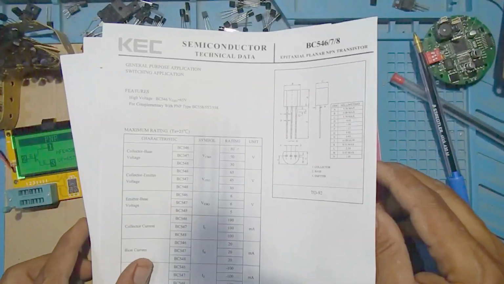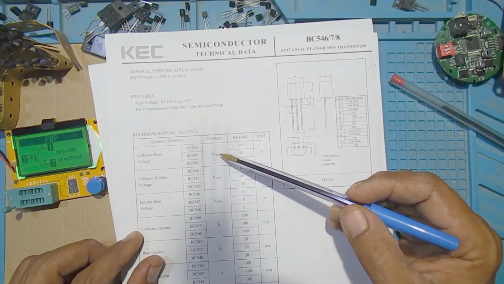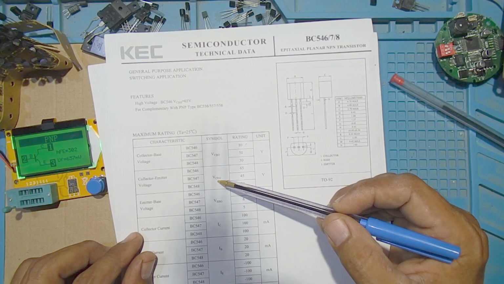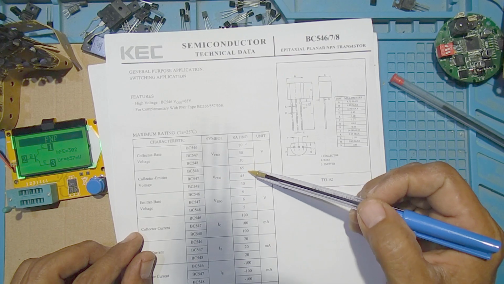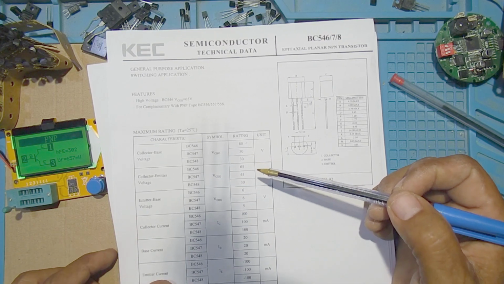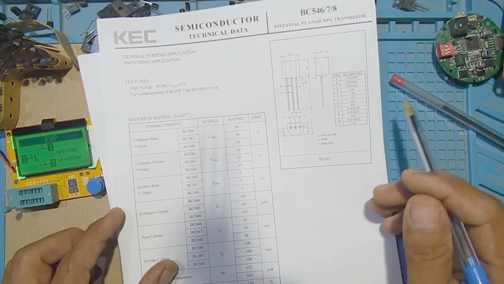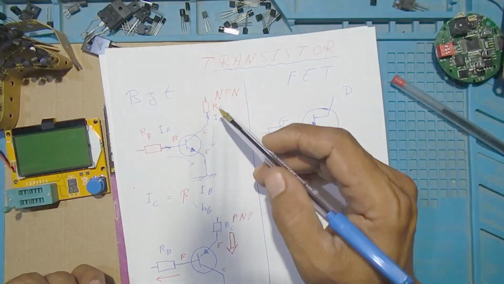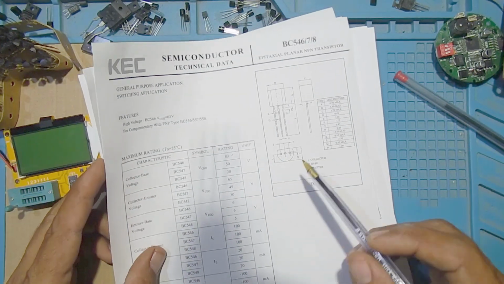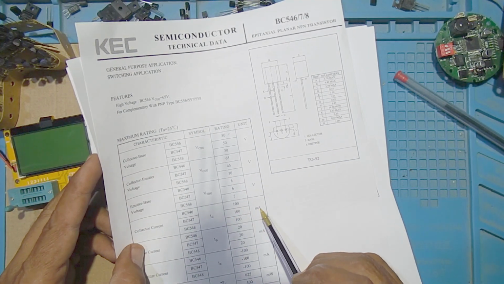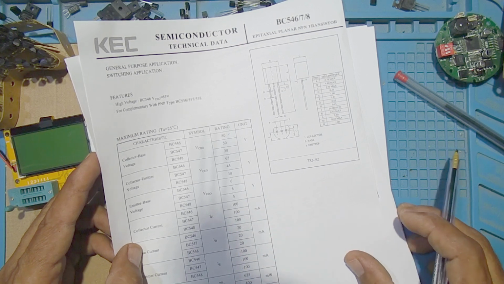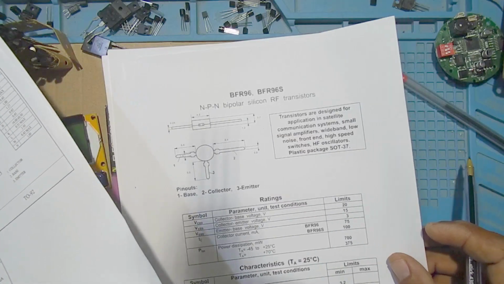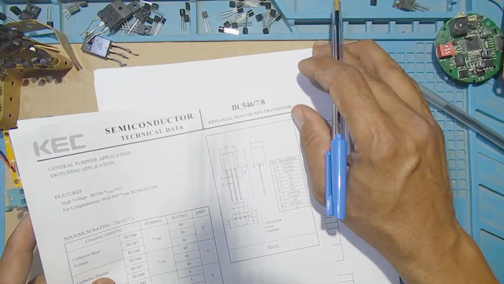So to use a transistor, we must know the voltage from the collector to the base, and from the collector to the emitter. This is the maximum rating voltage, and also the collector current, the maximum current that a transistor can handle. For example, here we have a maximum current of 400 milliamp. Also, transistors differ in maximum frequency.